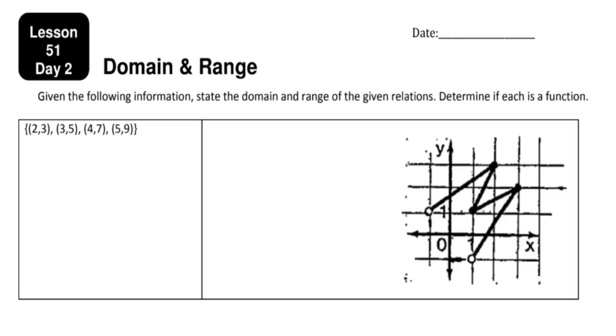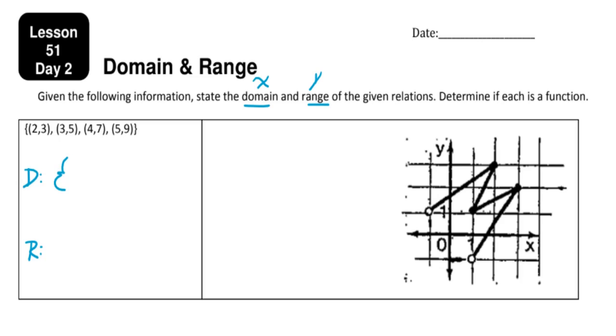So let's start with domain and range. I'm going to use the letters D and R just to save some space. If you recall, domain is the X values, range is the Y values. So for points, I'm just going to make a quick list of the X values.